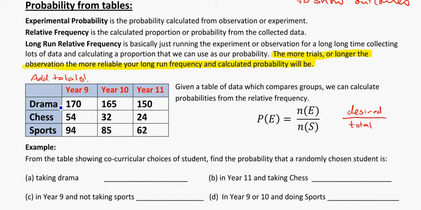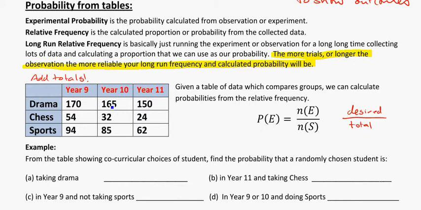What I mean by that is, in this table I'm looking at the number of students in different year levels, year 9, year 10, and year 11, and I've been given information about what co-curricular activities they're involved in. For instance, there are 170 year 9 students that do drama. If I wanted to know how many total students do drama, I need to add all these numbers up.